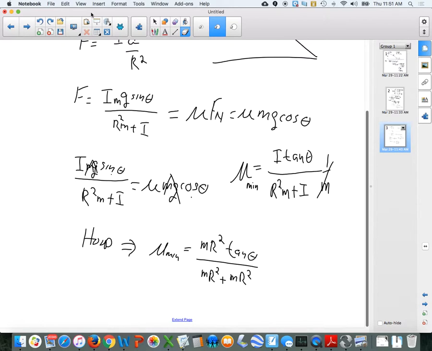That and that cancel out, and I'm left with 1/2 tangent theta. And that's half of what we would have had in order for the thing not to slip on an incline. Right? Do we see that? Okay.